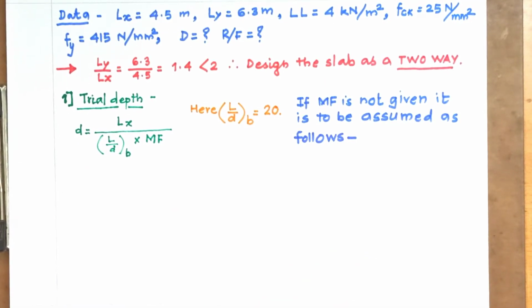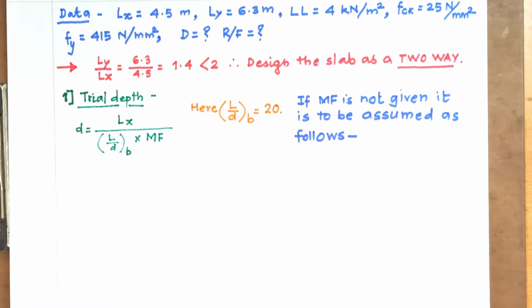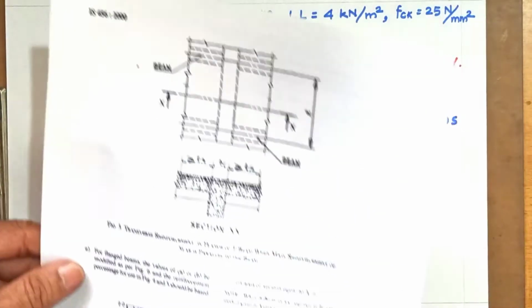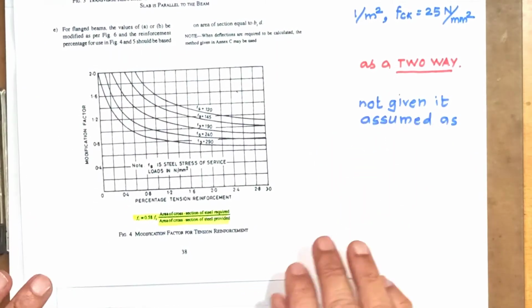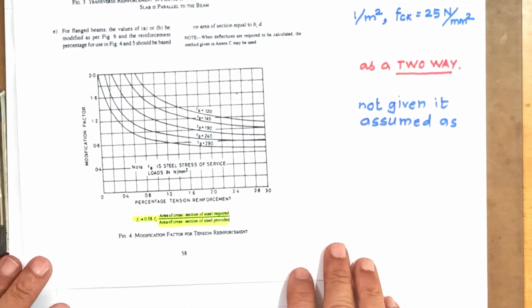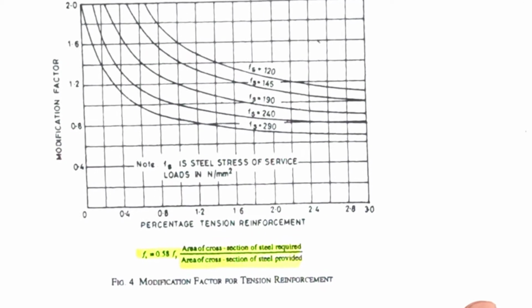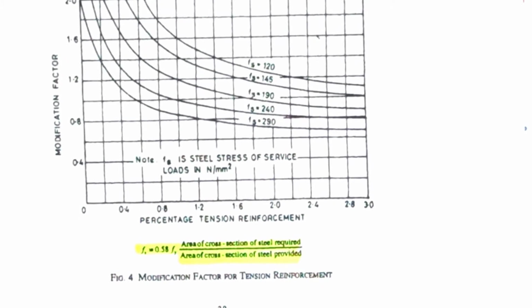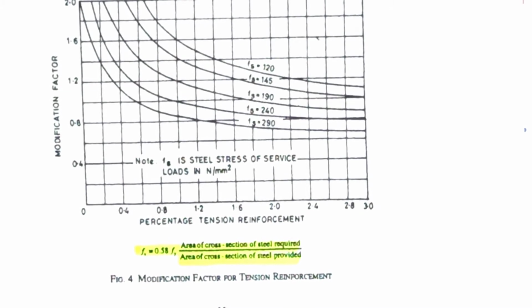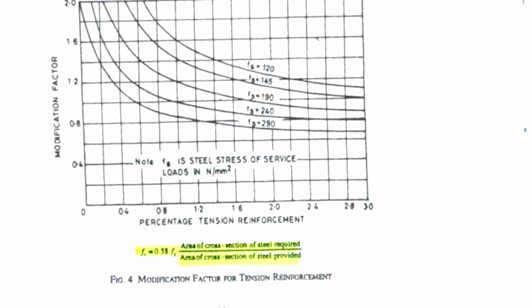Now, how is this assumed? This is assumed as per page number 38 and figure number 4. Look here, you can very easily see that this is page number 38 of IS 456.